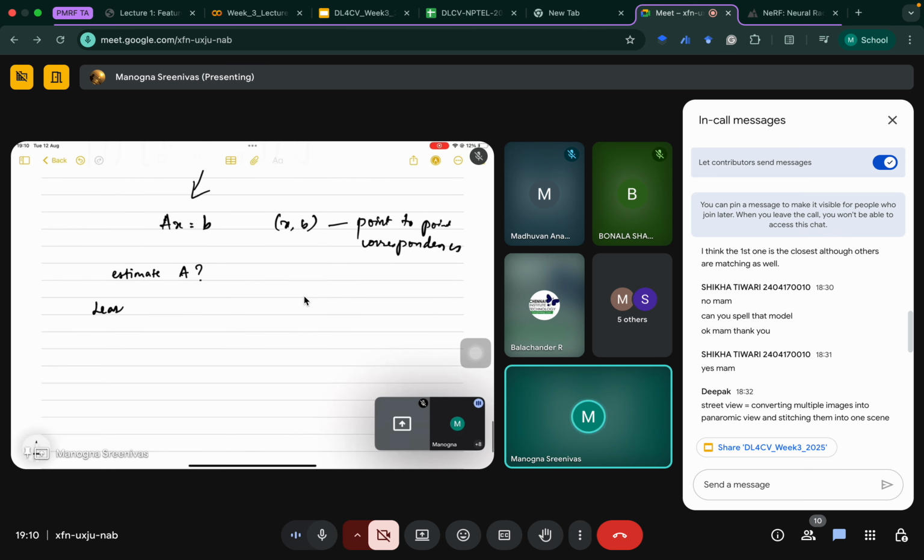I can use the least squares method to estimate here.